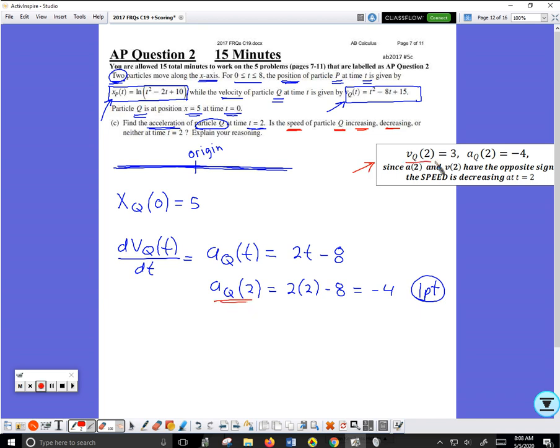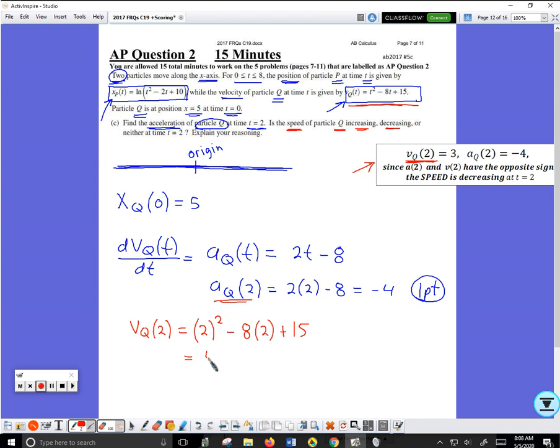I need the velocity at time 2 for particle Q. So I say the velocity of particle Q at time equal 2 is going to equal, plug in the 2 squared, remember I'm using this formula up here, minus 8 times 2 plus 15.